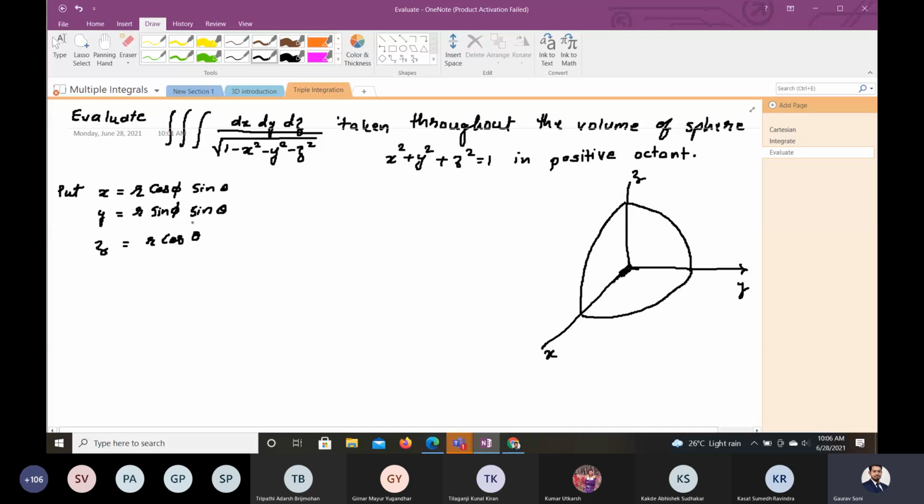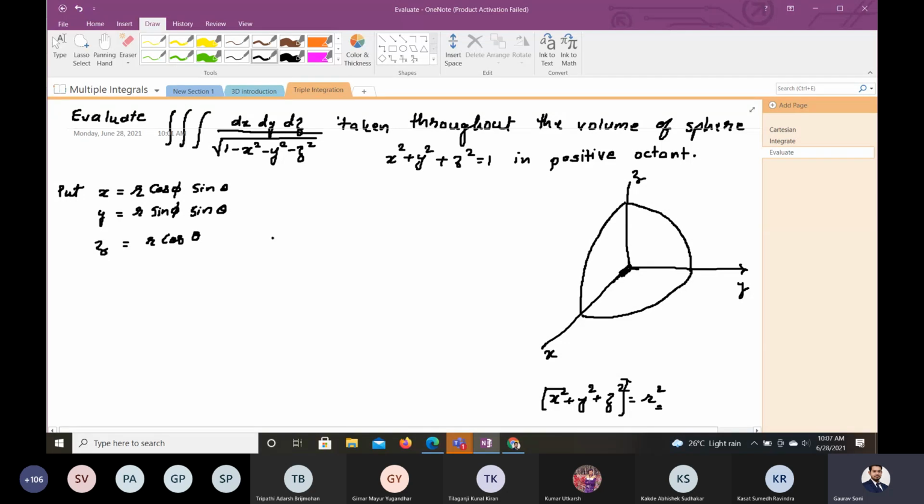So this is what we need to substitute. The reason is that for spherical coordinate system, x square plus y square plus z square becomes r square. You can actually put the values and check that. So whenever we have this type of integration, x square plus y square plus z square will simply turn out to be r square.